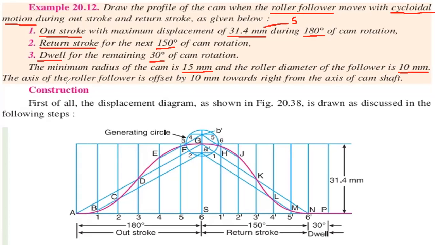Next, the axis of the roller follower is offset by 10 mm towards the right from the axis of the camshaft. So they have given it as the offset type.